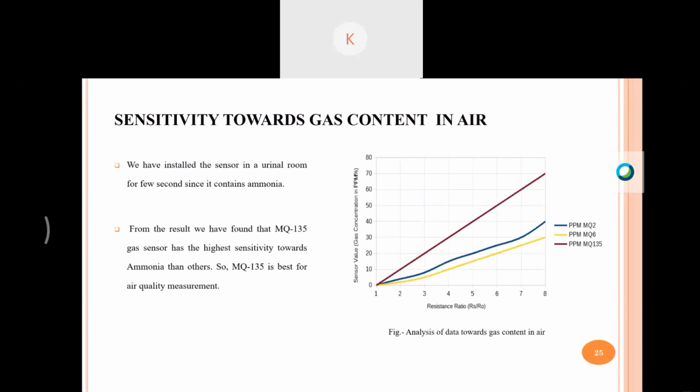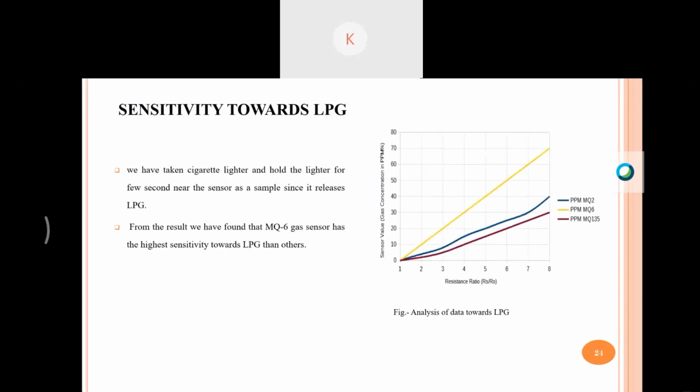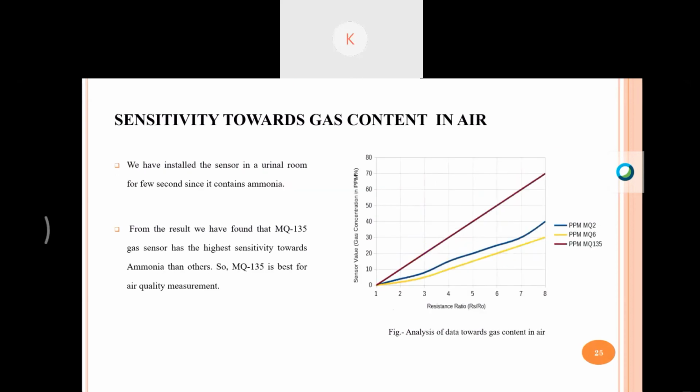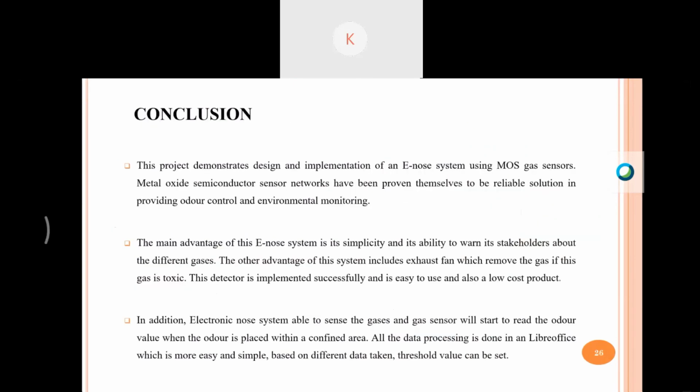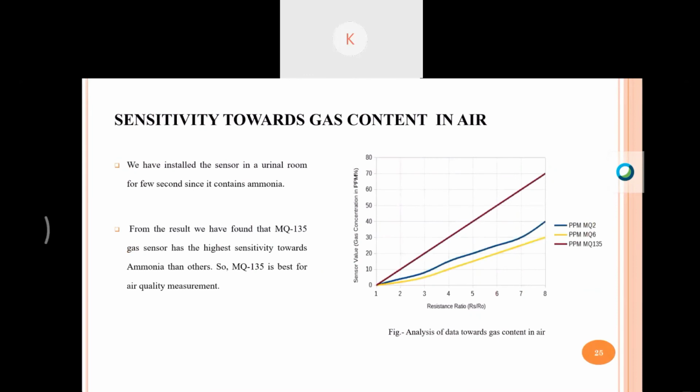That's why we have used the carbon monoxide sample, and the LPG sample, because it can also be used as a leakage gas detector. So that's why we have used LPG as a source.